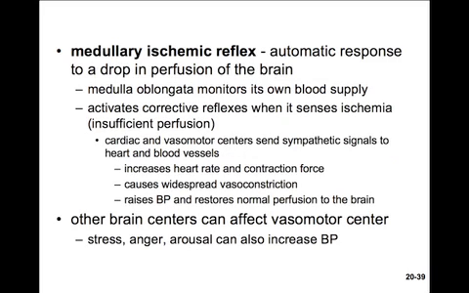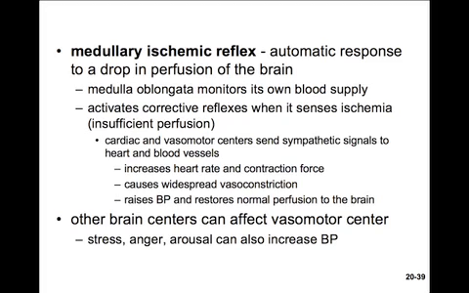Now, the medullary ischemic reflex is an automatic response that results from a drop in perfusion to the brain. So the medulla oblongata, as a backup, monitors its own blood supply, just in case the other mechanisms are not working properly. It'll activate corrective reflexes as soon as it senses ischemia or insufficient perfusion at the medulla itself.